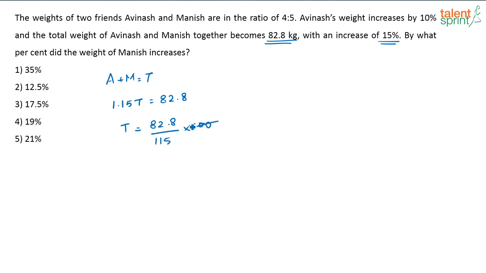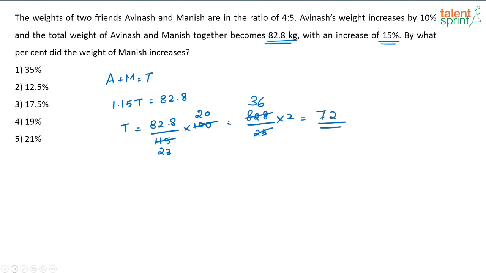So, how much is this? See, 5 will go in both of these places here, 20, 23, or this is equal to saying 828 by 23 into 2, correct? And here 23 and 828. I think 23 will go exactly in 828. What will you get here? 36. So 36 into 2 is 72.